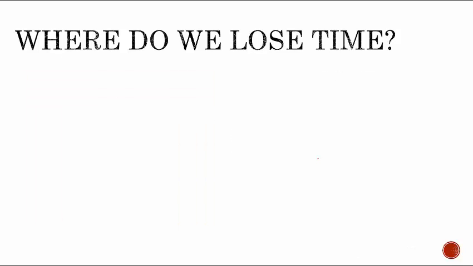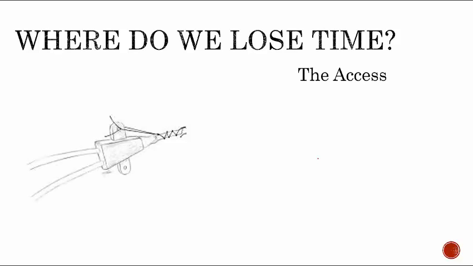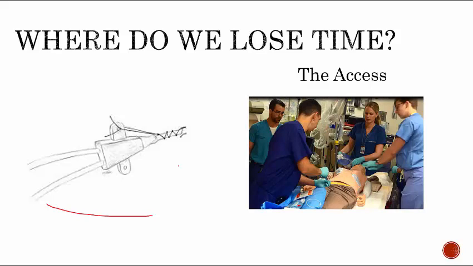All right, so where else do we lose time with our access? Trying to get that central line in, right? Trying to get this bad boy in the groin or in the neck, if you're doing it there, or even in the subclavian. We will pause, as you saw in our video, as you let your intern try to get the line in, pause for that flash, and pause again because they couldn't thread the wire.